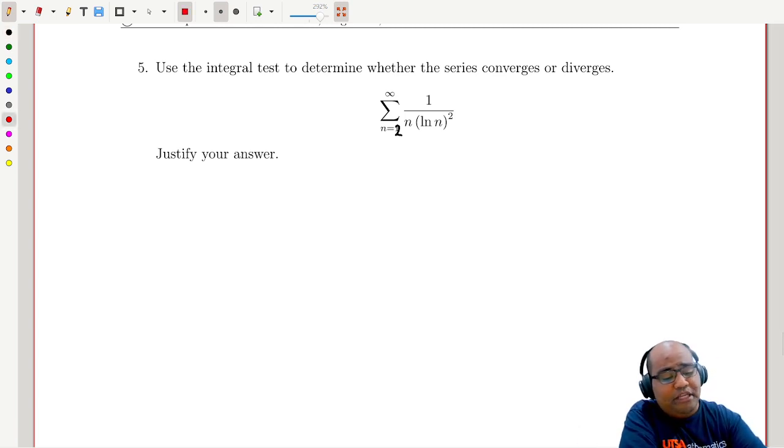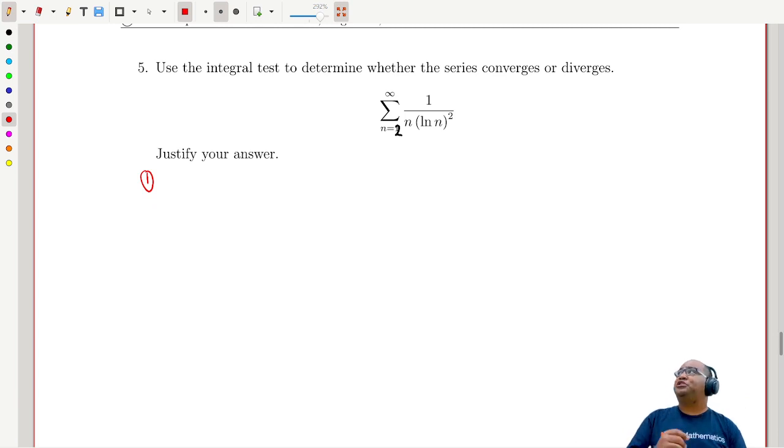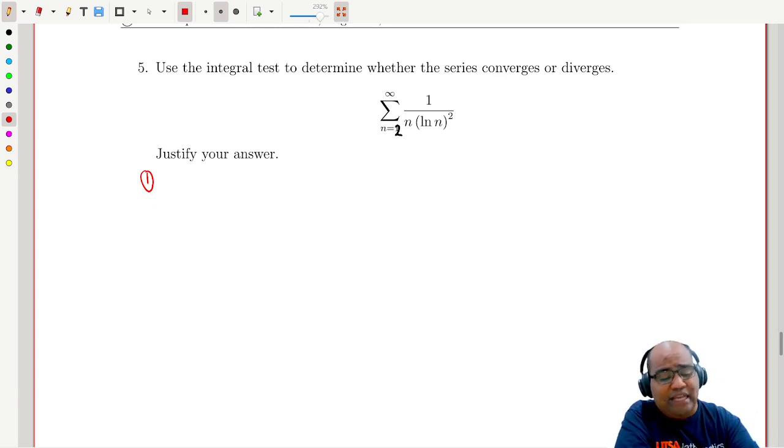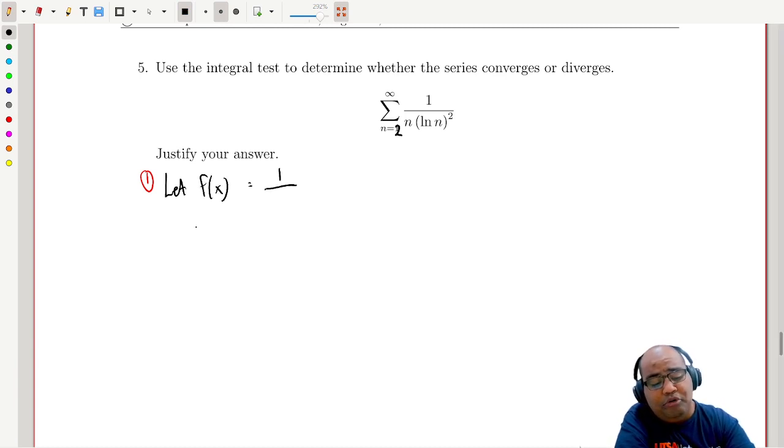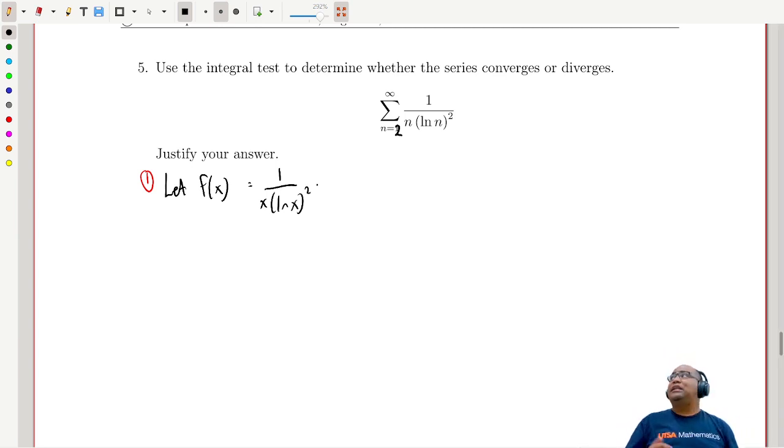So let's think about step 1 here. Step 1, we choose our function. What's our function here? Well, just replace the n's in there with an x. So let f of x equal 1 over x times log of x squared. Now we're going to show that this is decreasing.